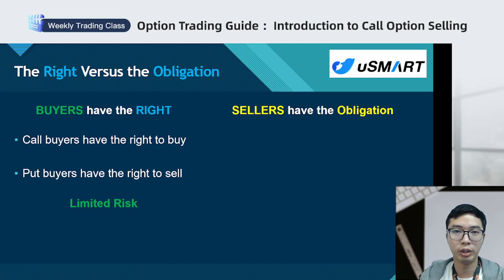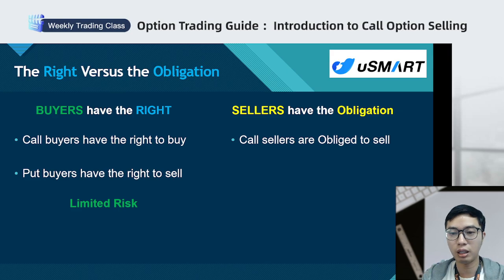Today I will focus on sellers, call sellers. Sellers always have obligations. What is an obligation? Call buyers have the right to buy or not, so as the option expires, they can choose to buy or not.